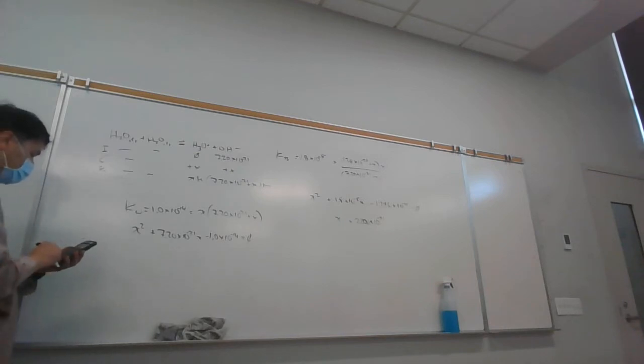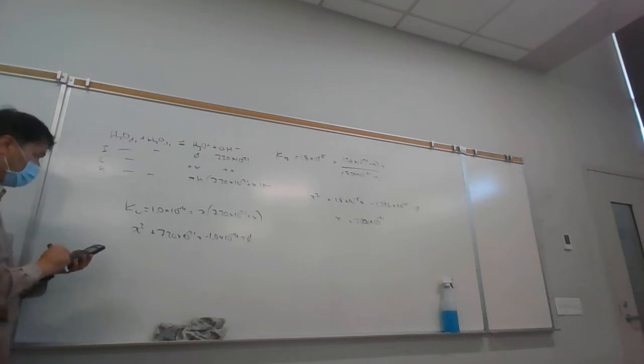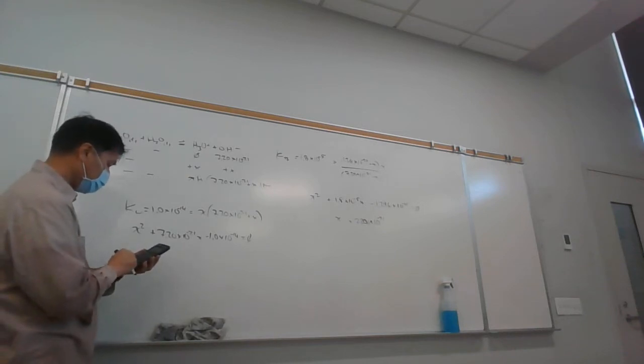So let's go ahead and solve this. 7.2 times 10 to the negative 21, negative 1 times 10 to the negative 14.